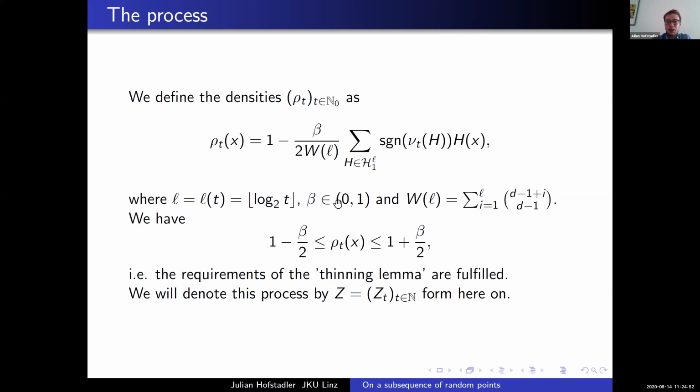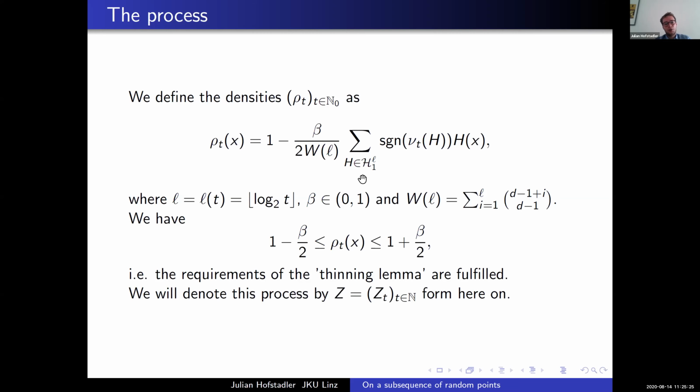But before, W of L is a normalization factor. Beta is free to choose as long as it's between 0 and 1. And this comes from the thinning we want to do. And L is depending on D, and is just the floor function of the log of T. So we see the more densities we have a look at, the more half functions we use in this sum.